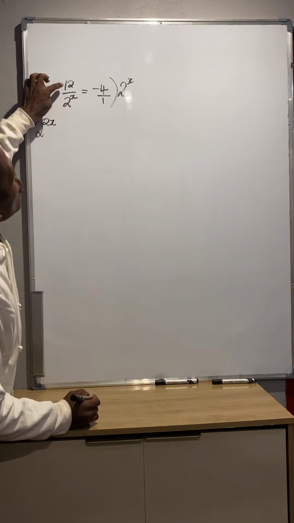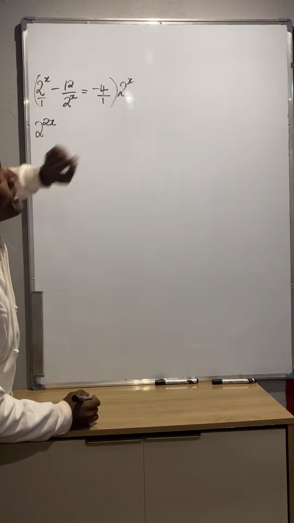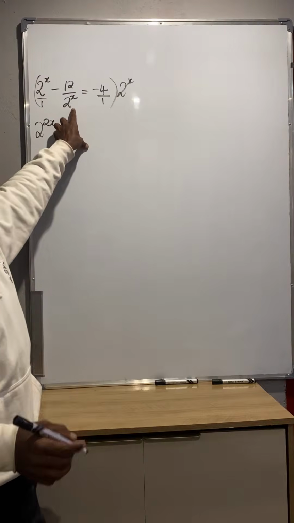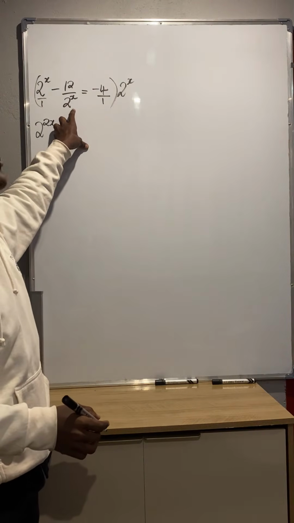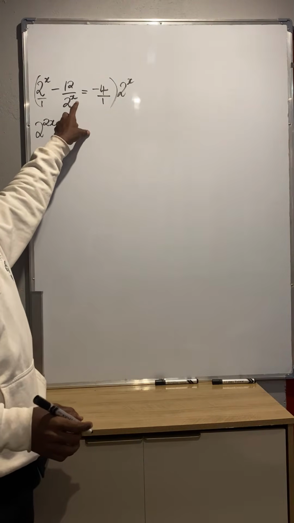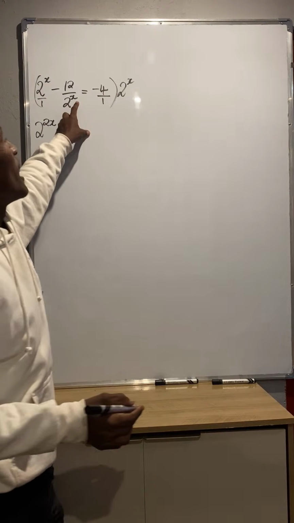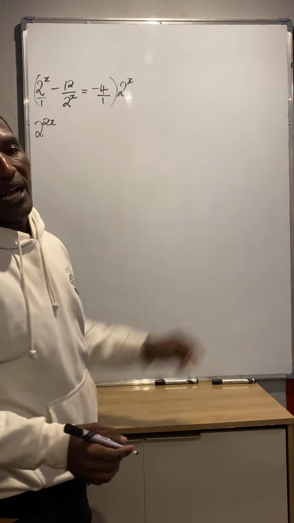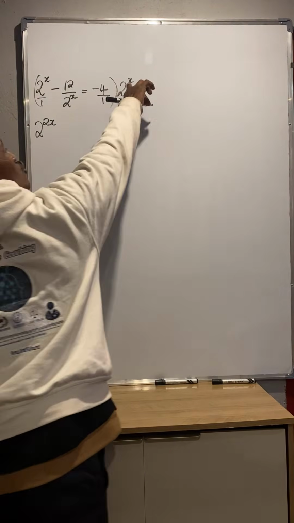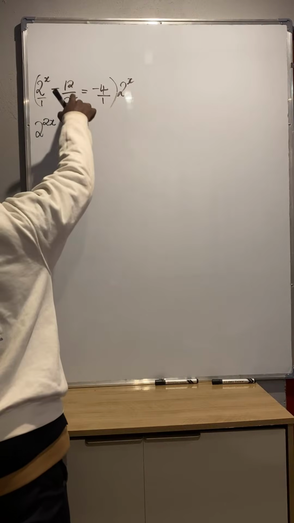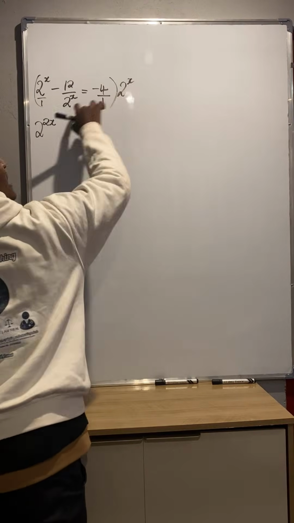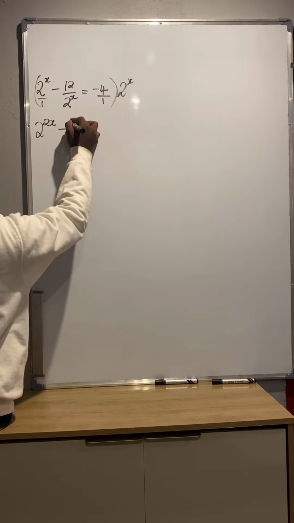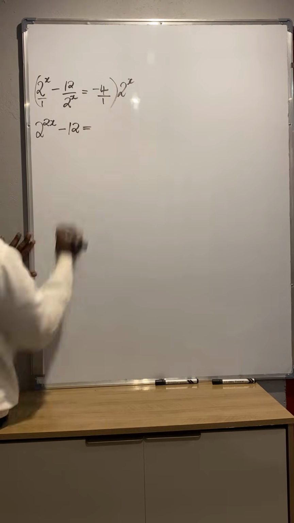Now, 12 over 2 to the power of x multiplied by 2 to the power of x: if 2 to the power of x is the denominator and you multiply with 2 to the power of x, they cancel each other out, and we'll be left with 12.